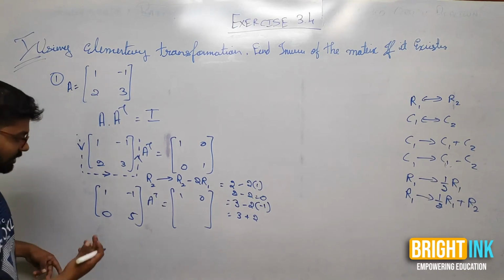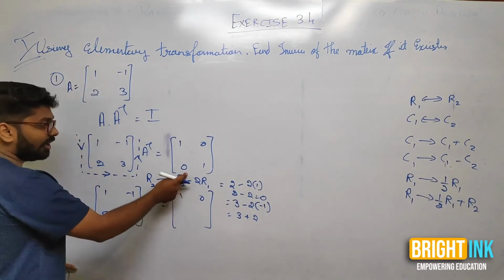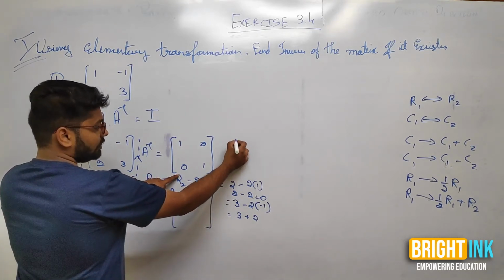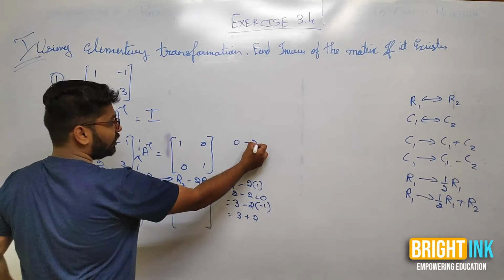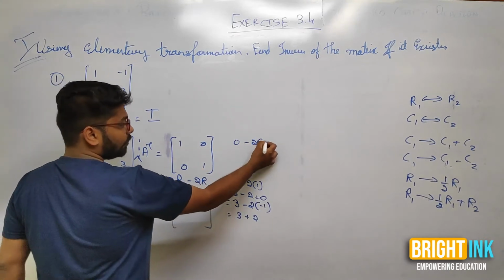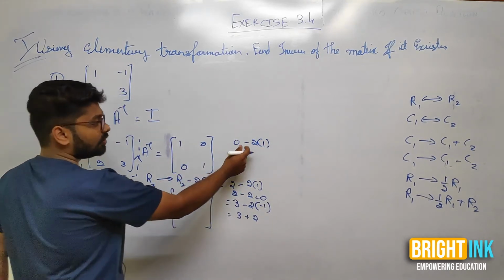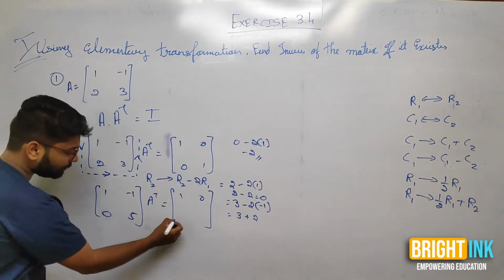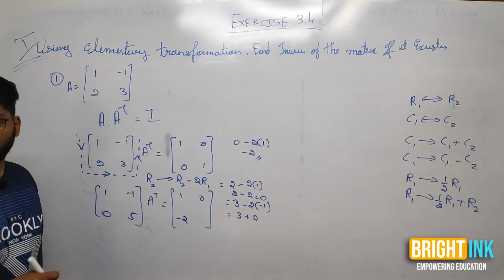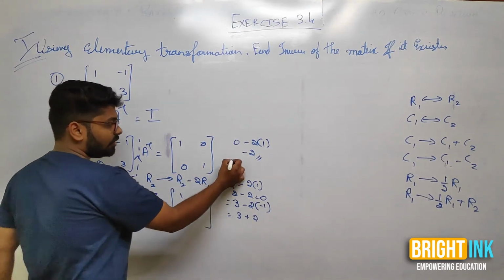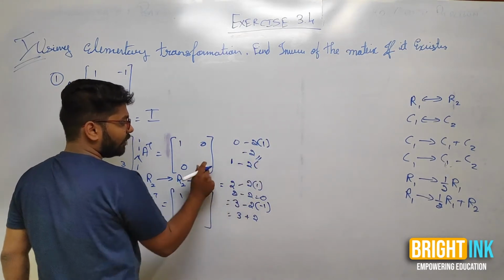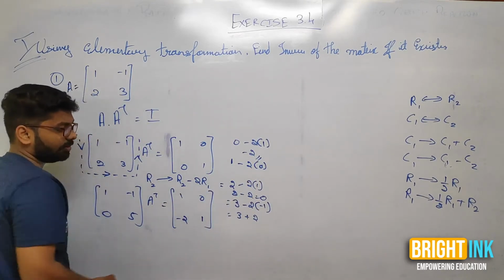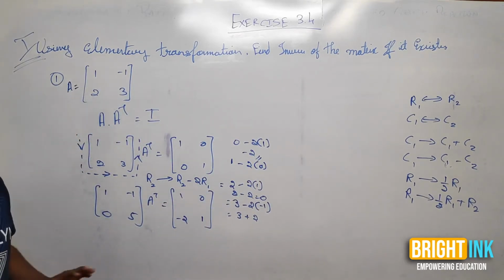Next, 0 minus 2 into 1 is minus 2, so you write minus 2 over here. Then 1 minus 2 into 0: 2 into 0 is 0, so this remains 1 itself. Understood here?